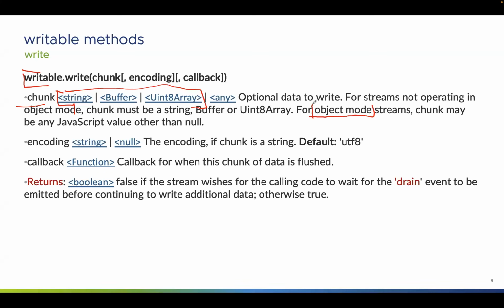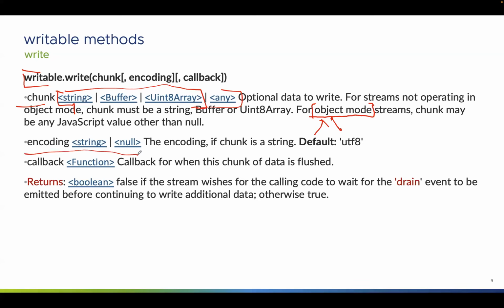If you want the object mode, you can give it any type of Node.js object. That means you want to write a JavaScript object into this stream, so you pick object mode. If you just write a string or buffer, kind of like the traditional flow, you use non-object mode. Non-object mode for these three, object mode for any type.